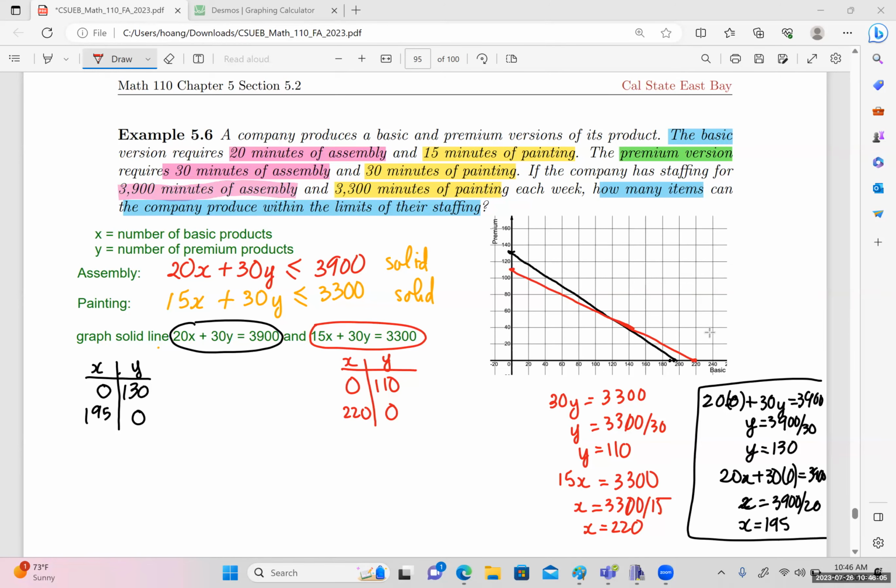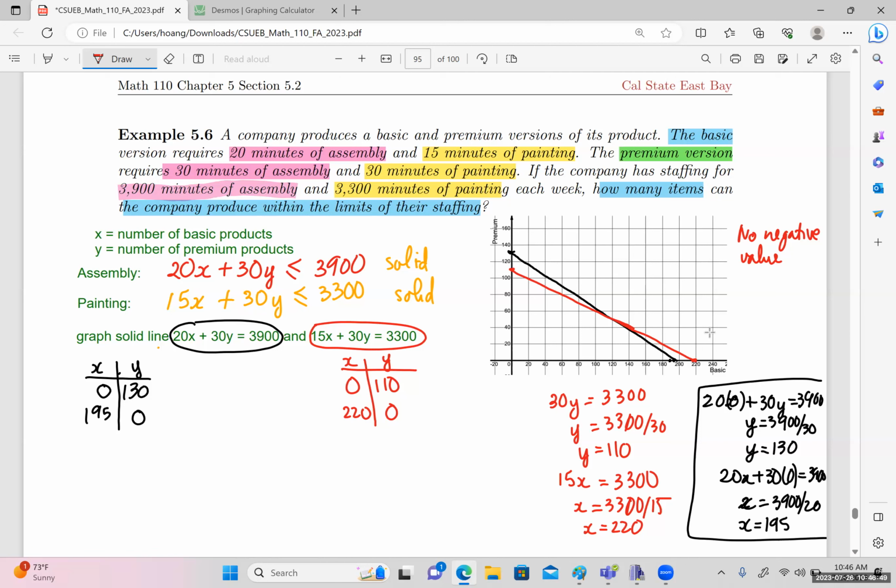All right, so we have the graph over here, and keep in mind that we have no negative values. That means we don't include the negative values on the left and on the right.